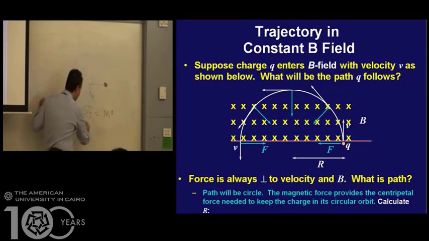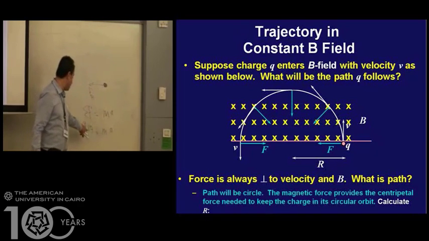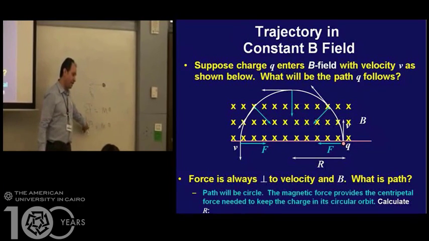The force acting on the object is QVB, which will equal the mass times the acceleration. Why QVB for the magnetic force? Because the angle between V and B is 90 degrees, and sine 90 is 1.